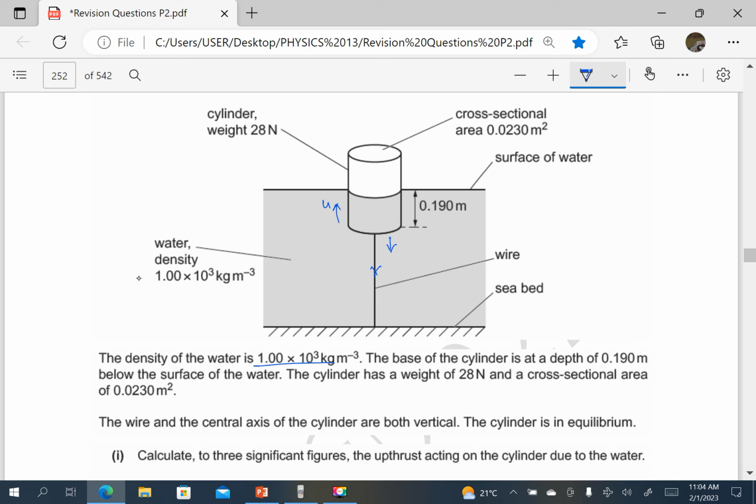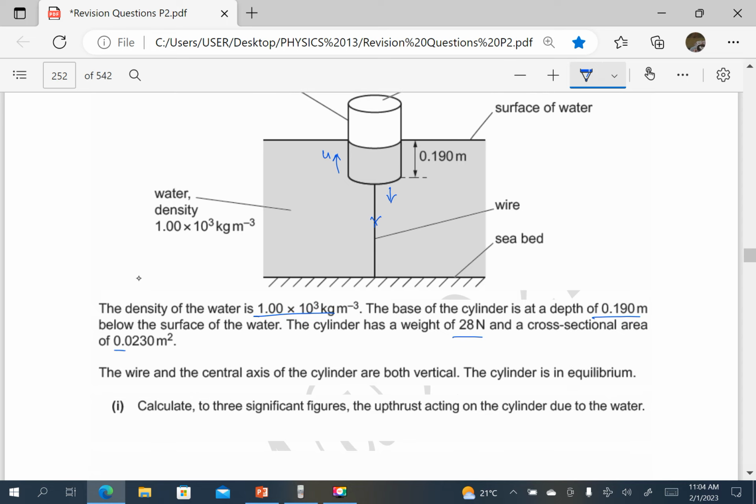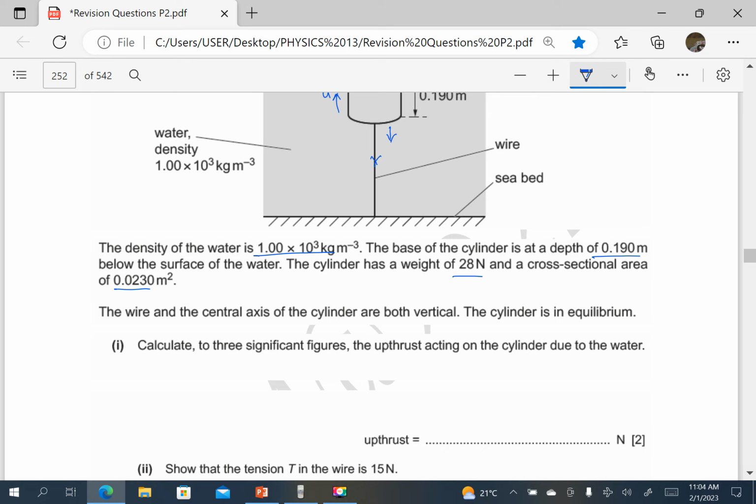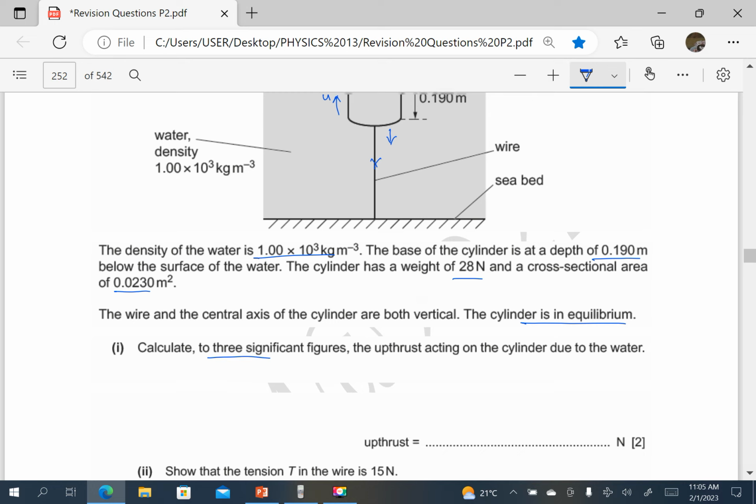The base of the cylinder is at a depth of 0.19 below the surface. The cylinder has a weight of 28 newtons and a cross-sectional area of 0.0230 meters squared. The wire and the central axis of the cylinder are both vertical. The cylinder is in equilibrium. This is very important. Calculate to three significant figures the upthrust acting on the cylinder.